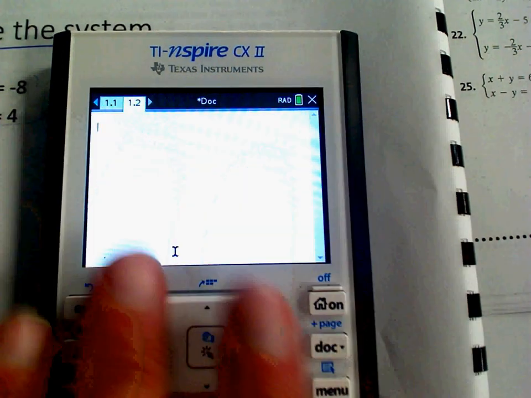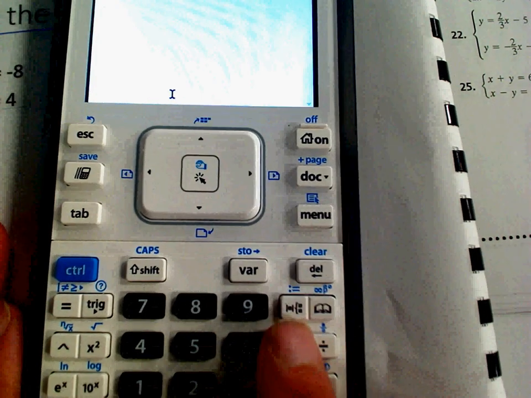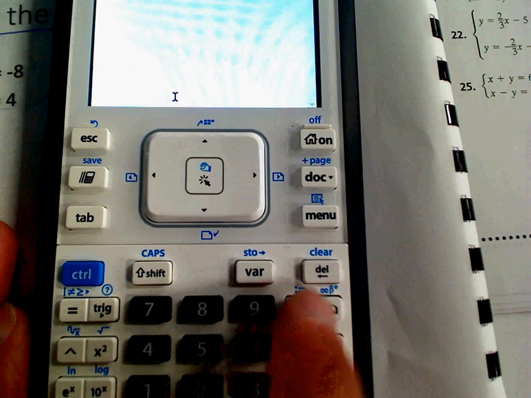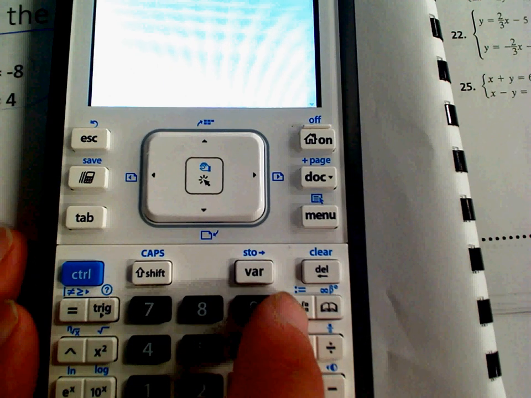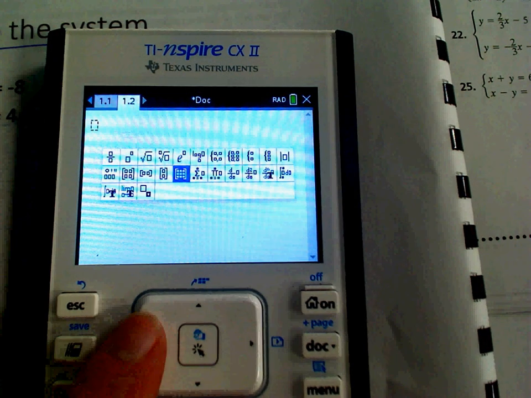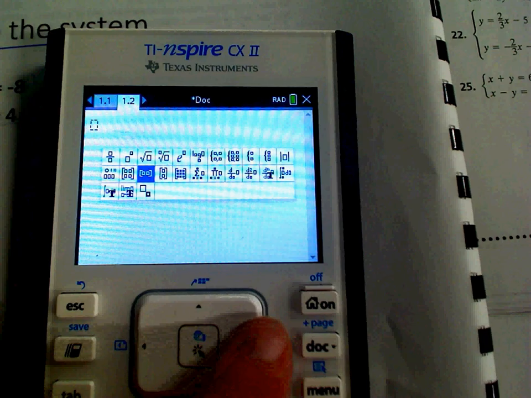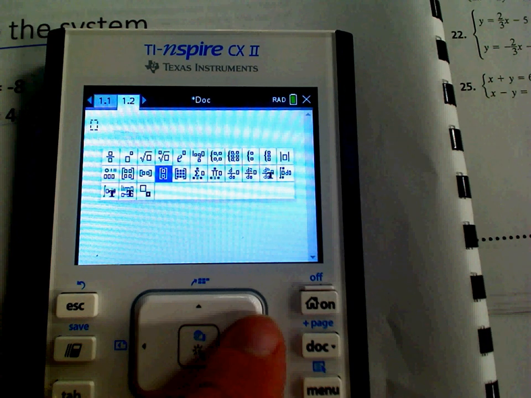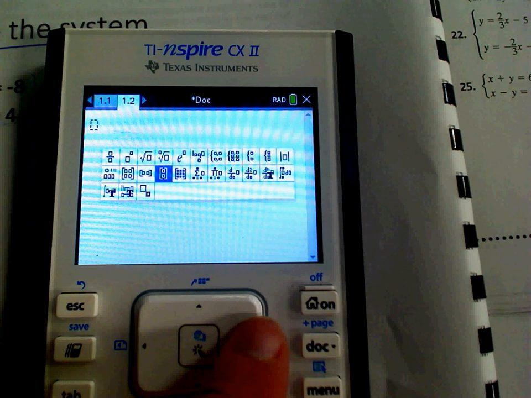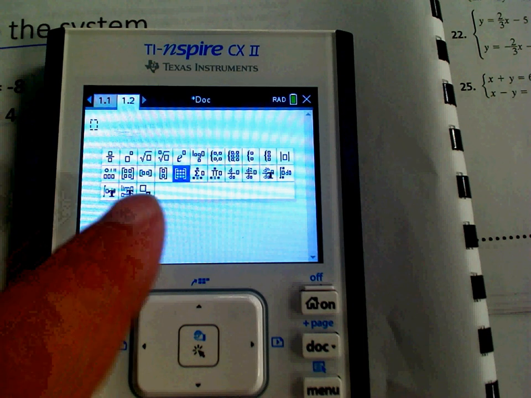There's a couple places. This button right here, kind of by the book. I don't know the names of the buttons. If I push that button, I get a lot of options. I could do a 2 by 2 matrix, a 1 by 2, or a 2 by 1. Those are some built in. Or if I go to that one right there that's highlighted, hit enter, I can build a matrix of any size.